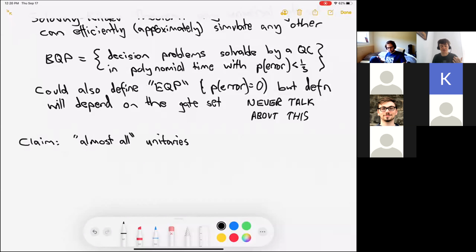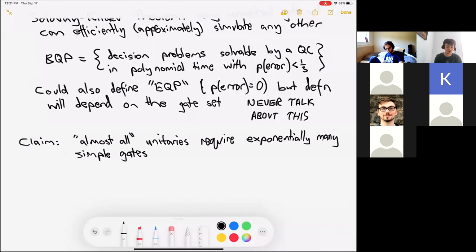These gate sets are universal in the sense that we can approximate any unitary with a finite circuit built out of these simple gates, but almost all unitaries require exponentially many simple gates, where it's exponentially many in the number of qubits.